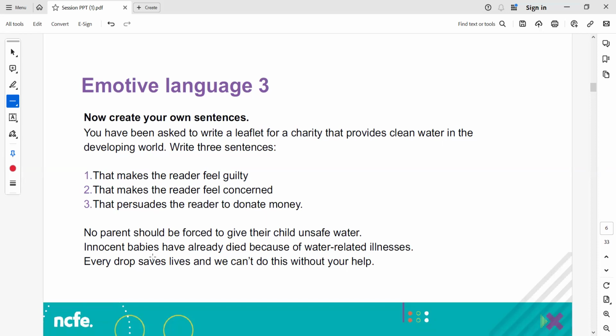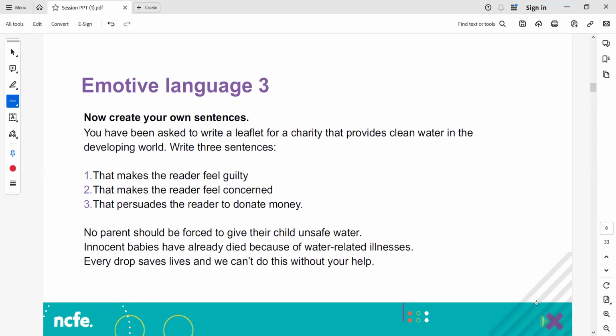And number 3, that persuades the reader to donate money. Every drop saves lives, and we can't do this without your help. So the reader feels that it's important they get involved, that they donate money. And if they do that, they could stop innocent babies dying and stop parents having to give their child unsafe water.